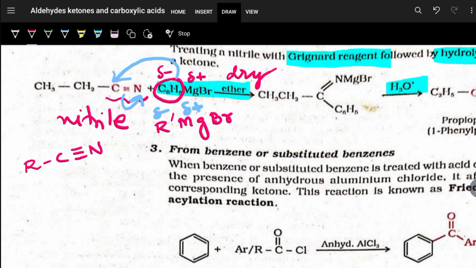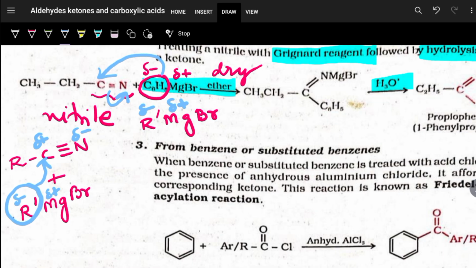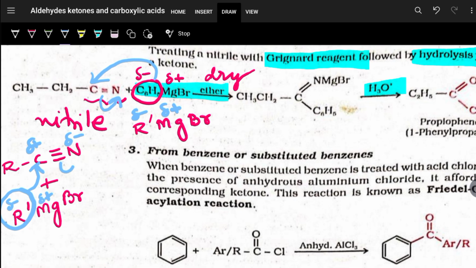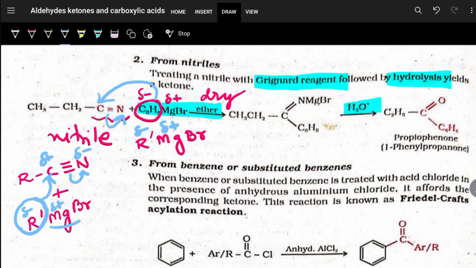So here if I say RCN reacts with RMgX or MgBr, say, then what will happen is this is a delta positive, this is a delta negative, this is a delta negative, this is a delta positive. So R- will attack the electrophilic site, that is delta positive, and nitrogen will have the negative charge, and so it will hold MgBr.